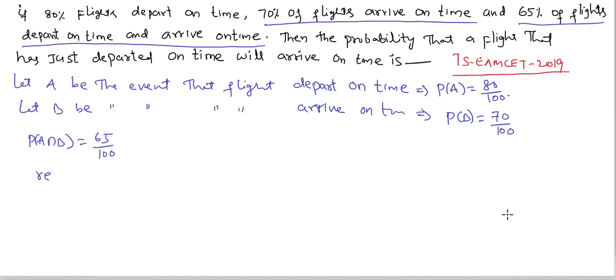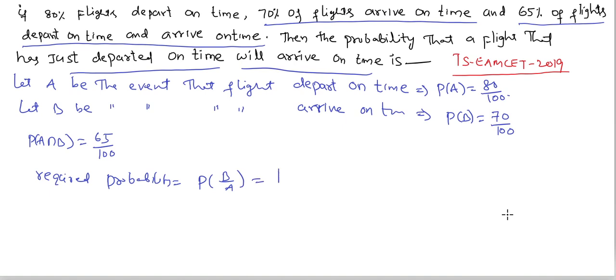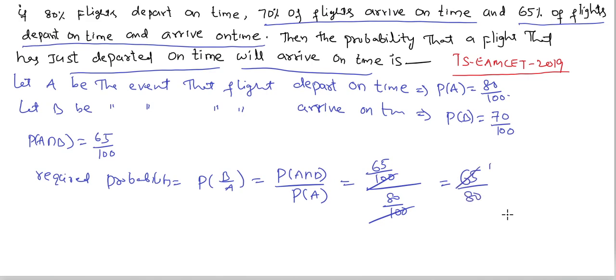So the required probability is for the flight that just departed on time and will arrive on time, that is P of B by A, which is equal to P of A intersection B by P of A. So P of A intersection B value is 65 by 100, by P of A, 80 by 100. So 100 cancels, that is equal to 65 by 80. So 13 5s are 65 and 16 5s are 80, so it is equal to 13 by 16.